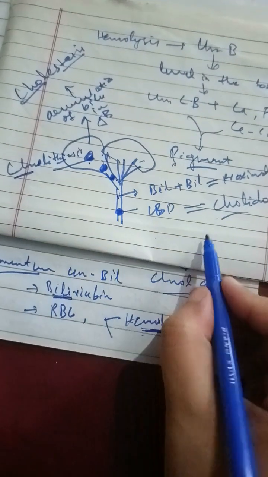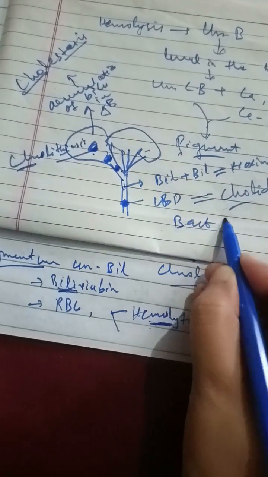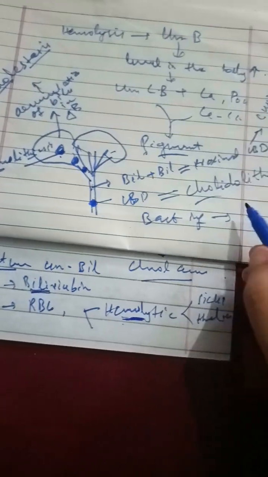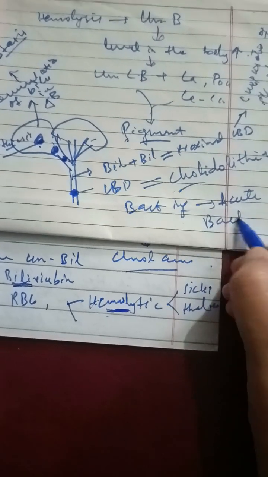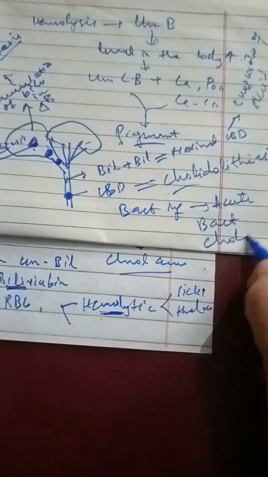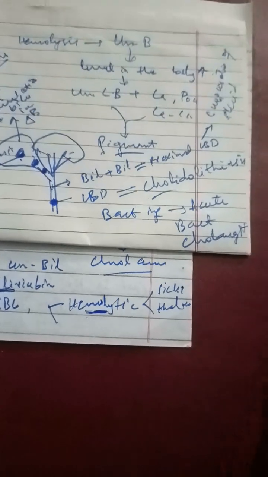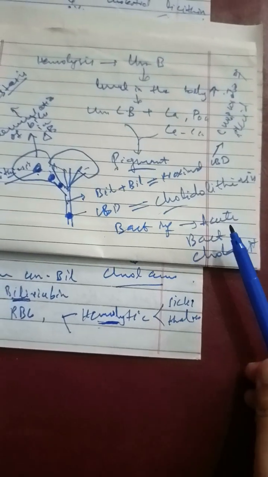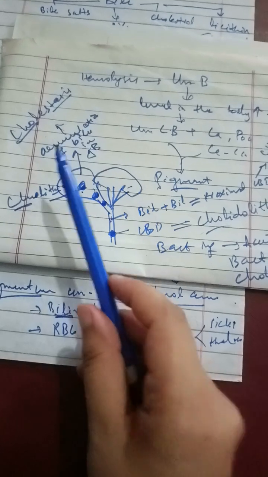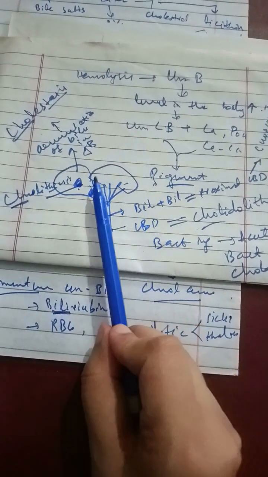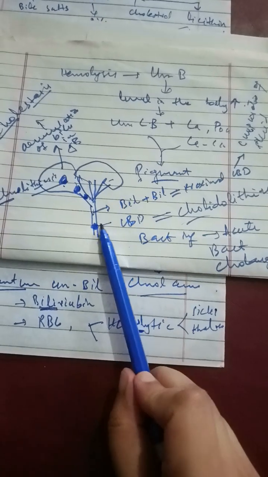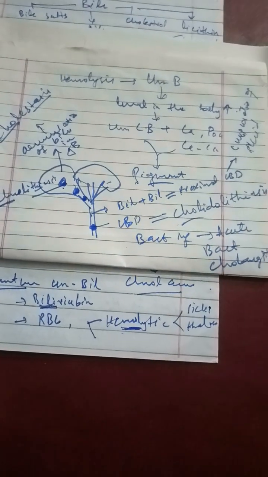If the fluid accumulates, bacterial infection can occur, and this bacterial infection is basically called acute bacterial cholangitis. Now we have understood the terminologies, which are cholelithiasis, choledocholithiasis, cholestasis, and acute bacterial cholangitis.